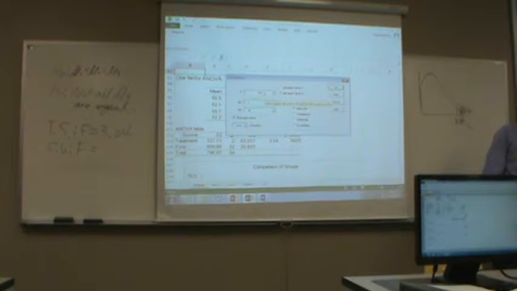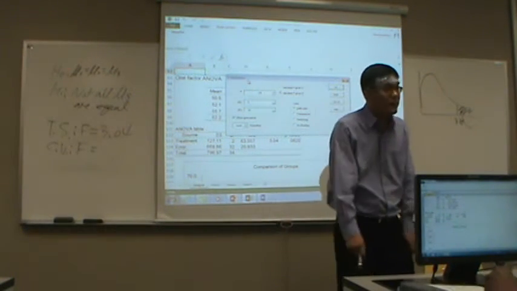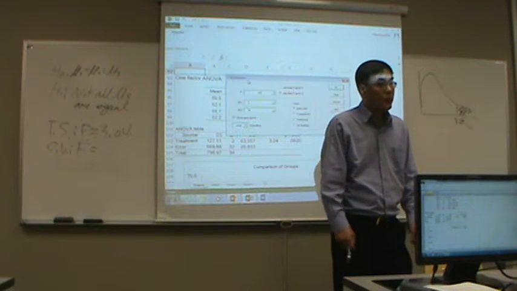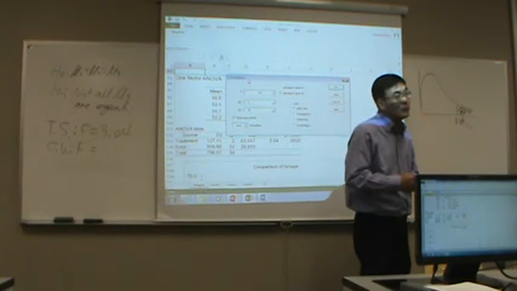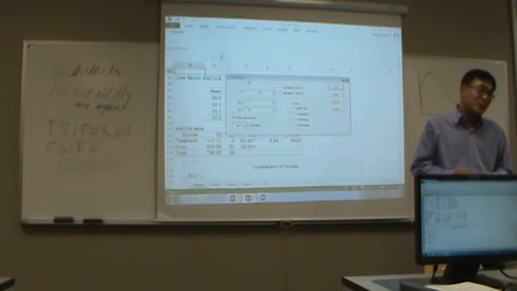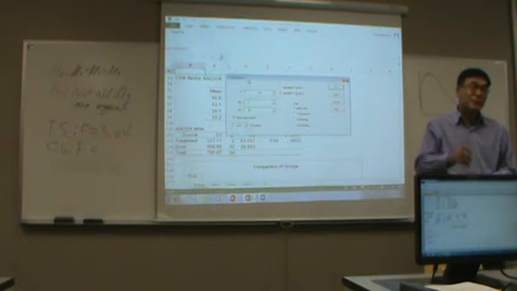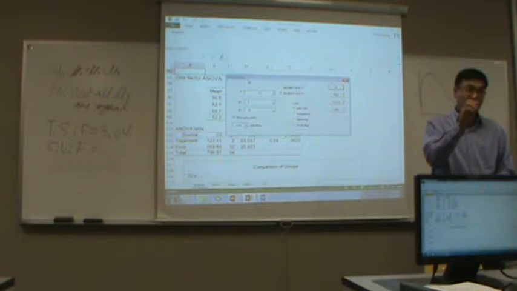Whenever you write the test statistic and critical value, do you have to put F equals? Yes, F, because it's an F test. If you just put 3.04, is that wrong? If your answer without F equals is right, then I don't mind.